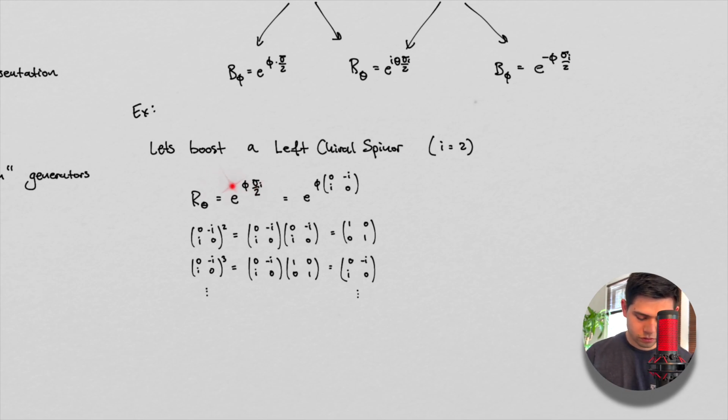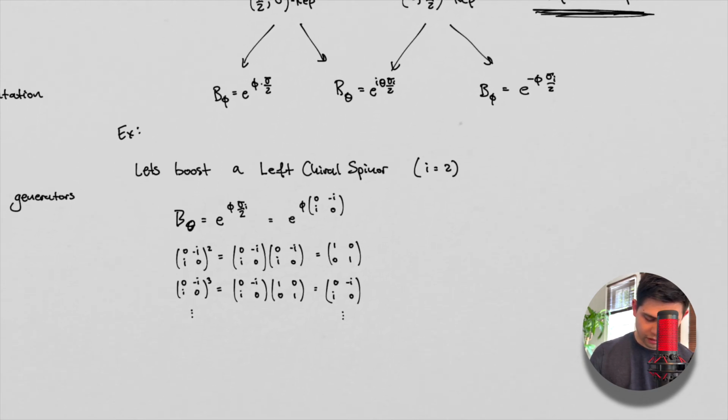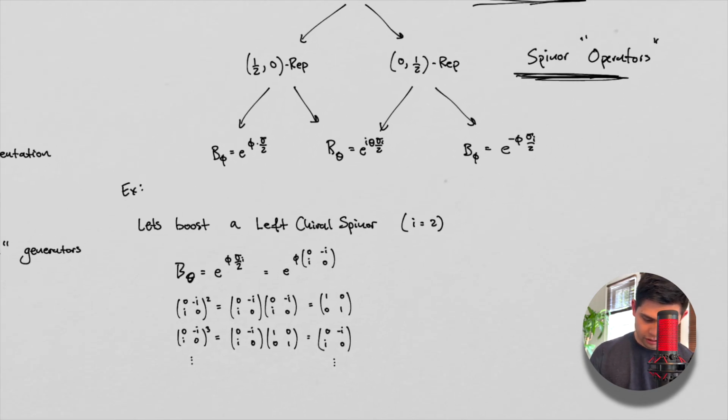So here's our rotation, or actually we're doing a boost, and we're doing this for a left chiral spinor. So the left chiral spinor is going to be this guy, and this guy is the right chiral spinor.